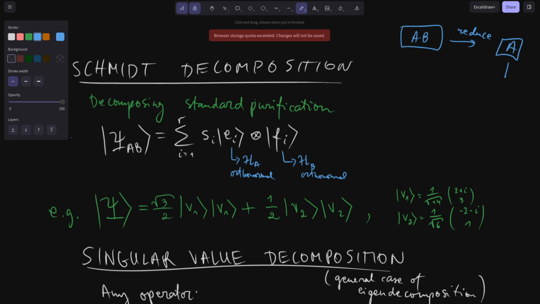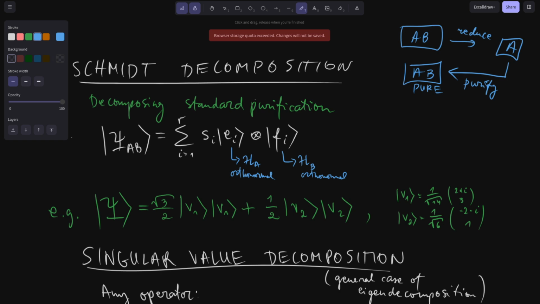And we can do the opposite, purify, and we have a formula for standard purification, and we get again AB, but it's probably not the same. This is going to be a pure state, so it's not the same state.